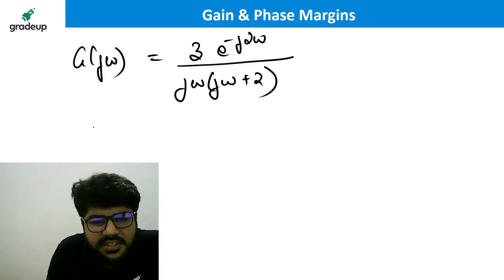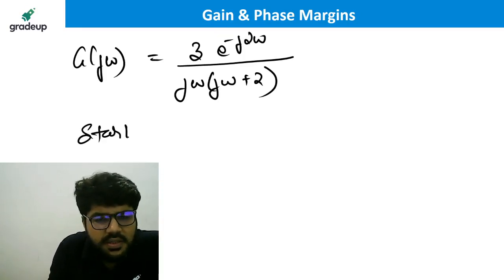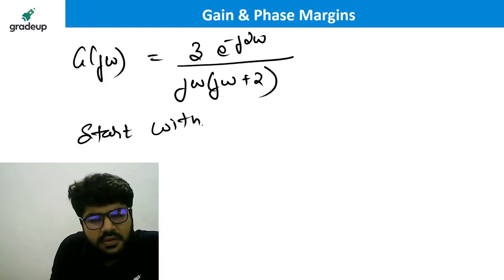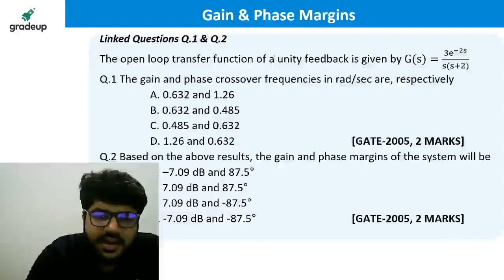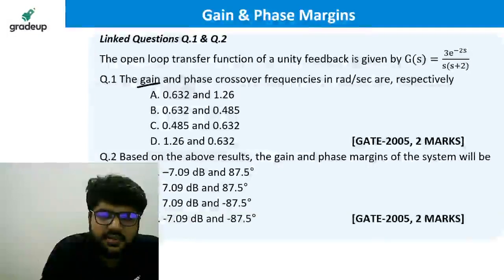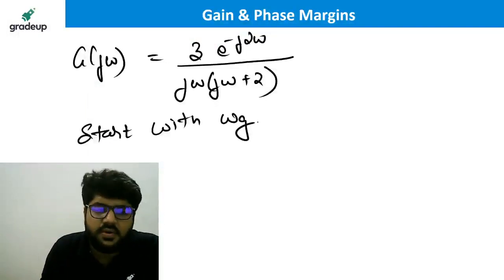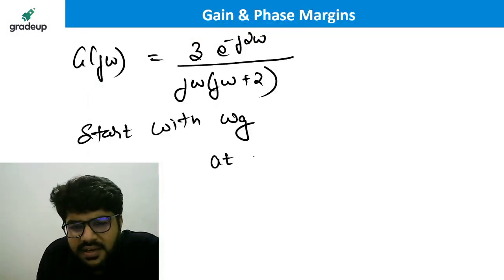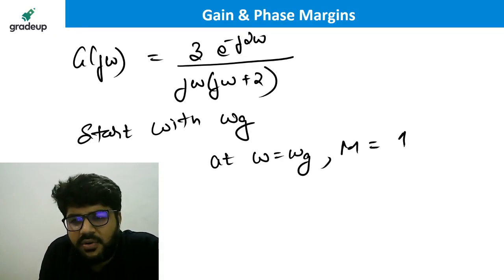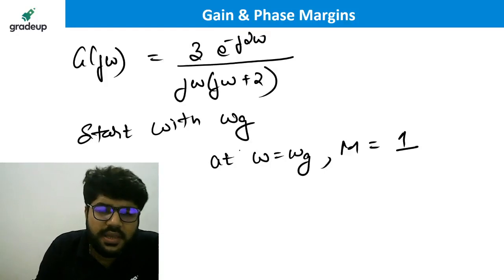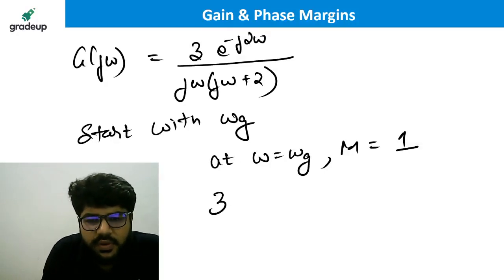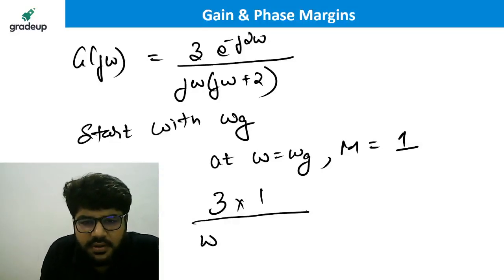Just start this question with ωg. First of all, they are asking to calculate the gain crossover frequency. At ω equal to ωg, what is the magnitude? Magnitude is 1. The magnitude will be 3, and e^(jθ) magnitude is 1, so the exponential term will go away whenever you are taking the magnitude.